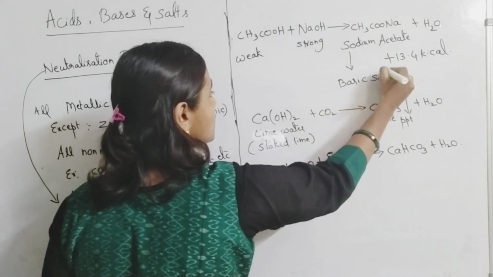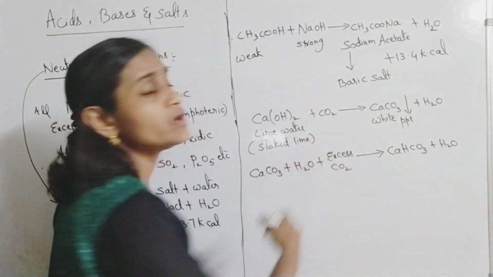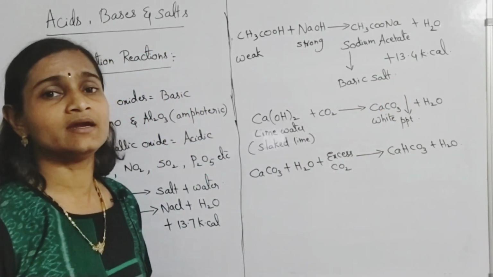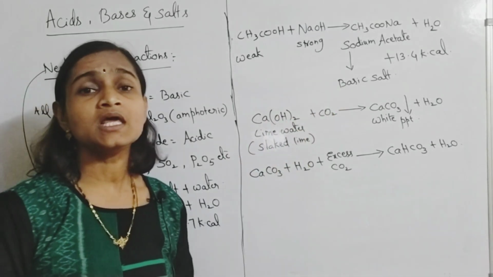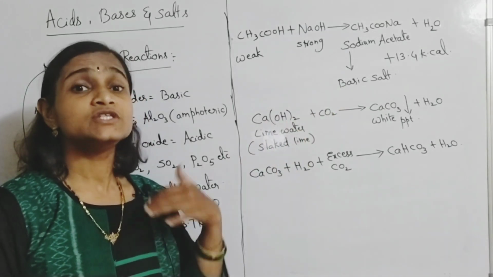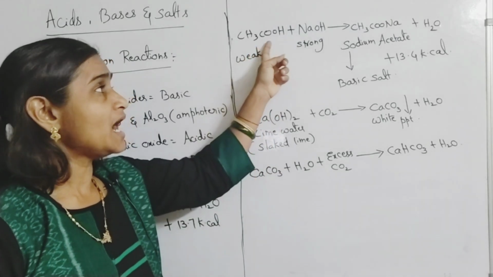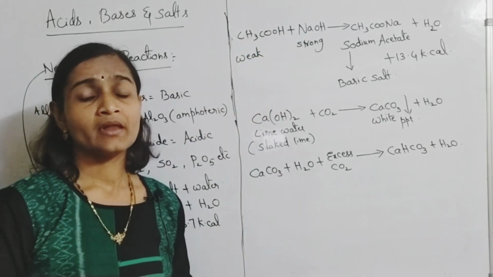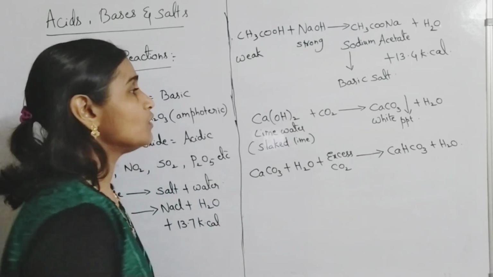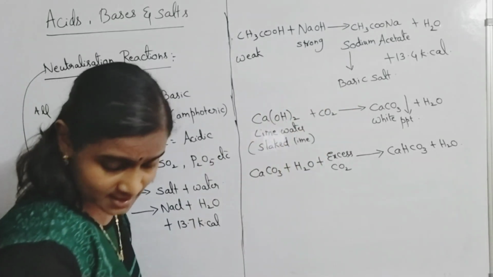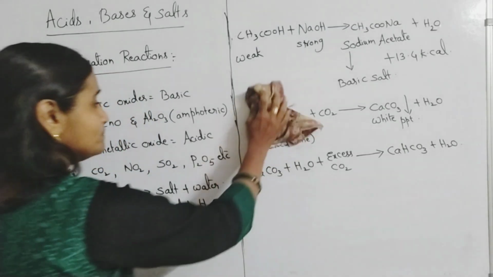Here only 13.4 kilocalories is liberated, and the remaining difference of 0.3 kilocalories of heat is used up in ionizing this weak acid. So like this you have an example for neutralization reactions.